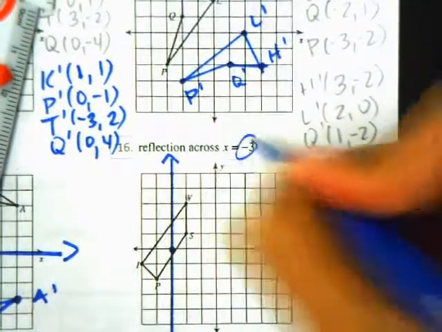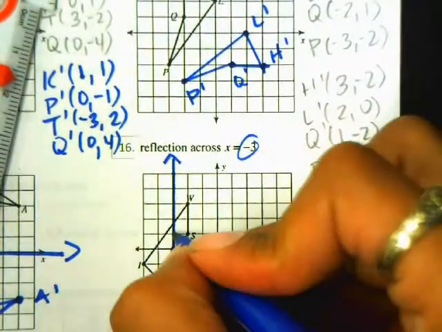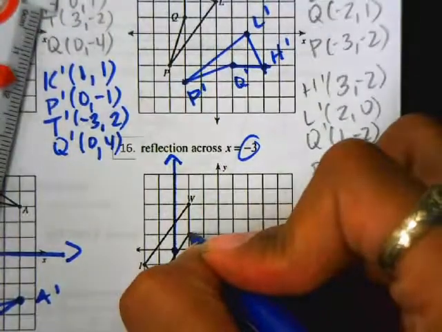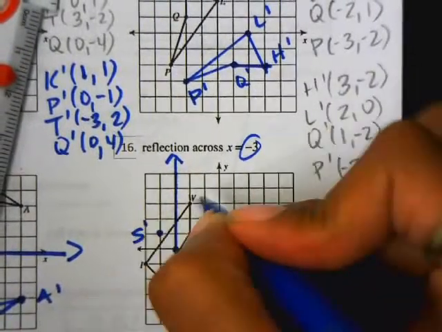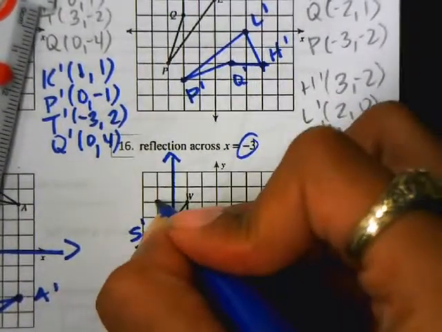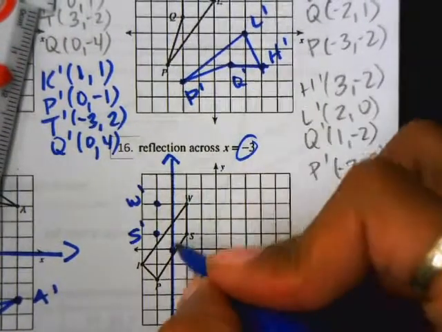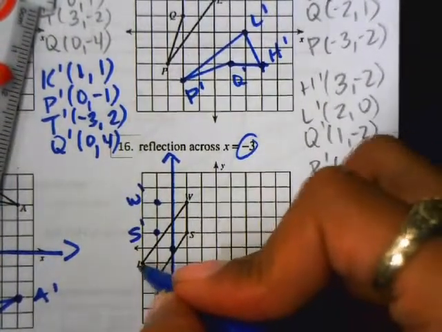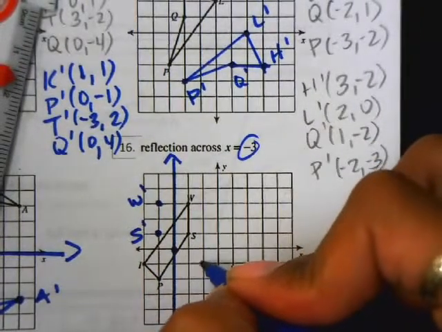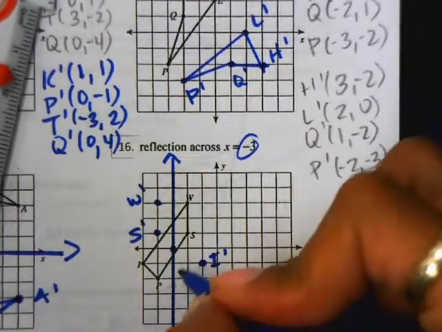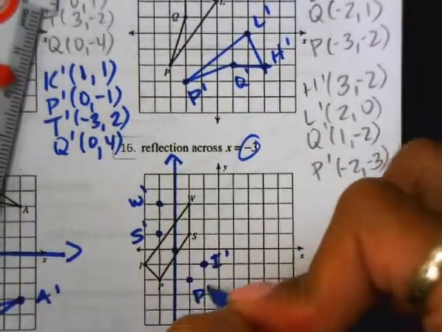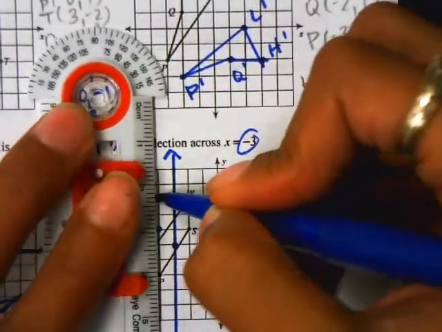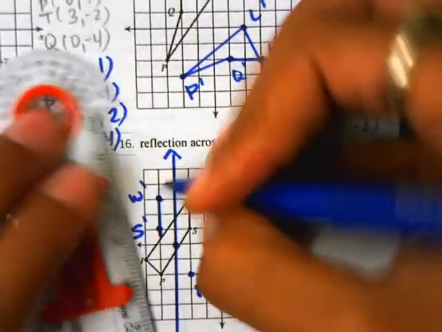Y is going to go left once. I went to the left, so now it's going to go to the right twice. And then I prime went to the left once, and so it's going to go to the right once. So that's P prime. Alright, so I'm going to connect these. Okay, and that's how that transformation should look.